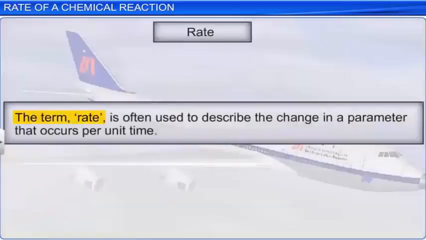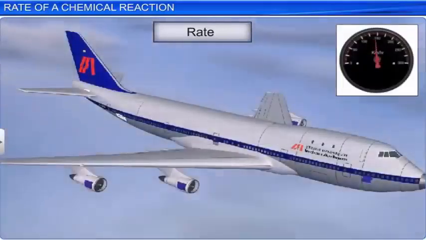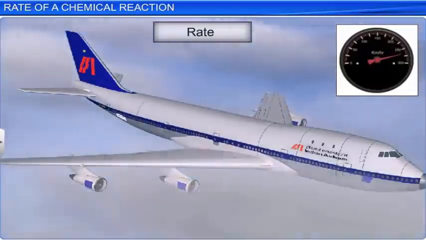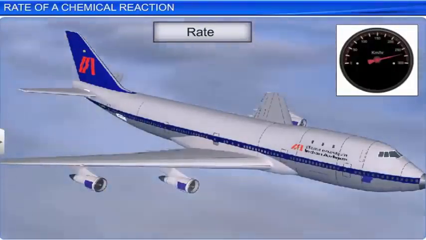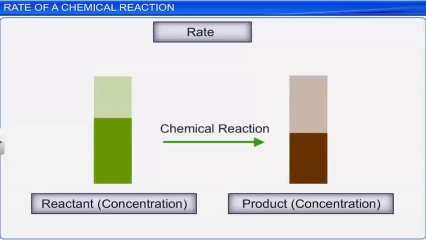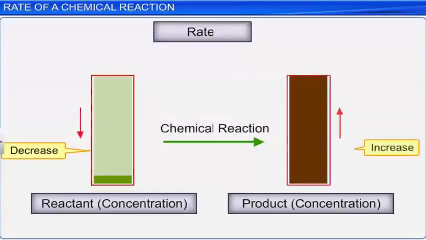The term rate is often used to describe the change in a parameter that occurs per unit time. For example, the rate at which an aeroplane travels is the distance travelled per unit of time, such as kilometers per hour. In chemical kinetics, the rate of a chemical reaction is defined as the rate of decrease in the concentration of the reactant, or the rate of increase in the concentration of the product.